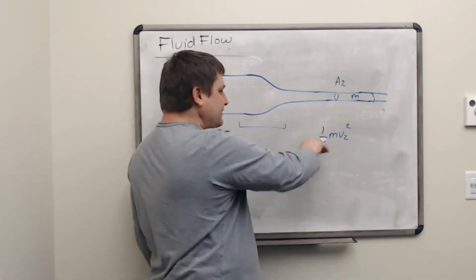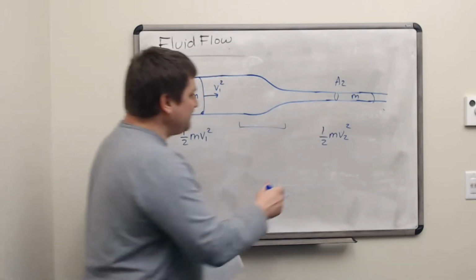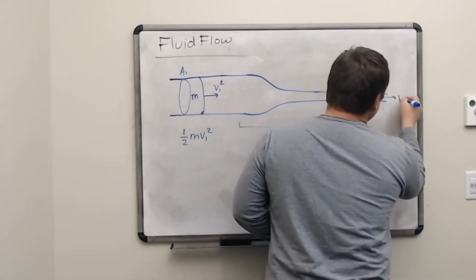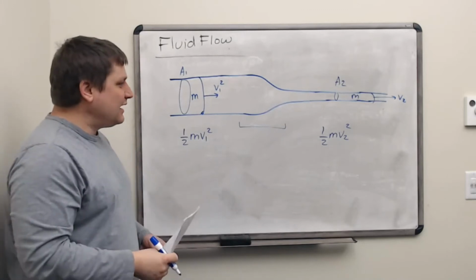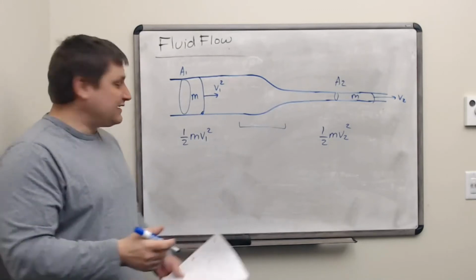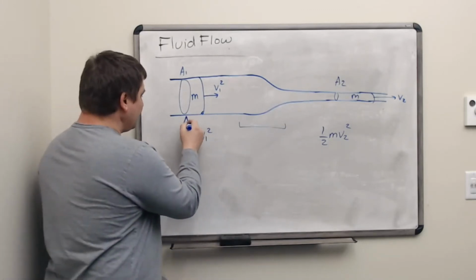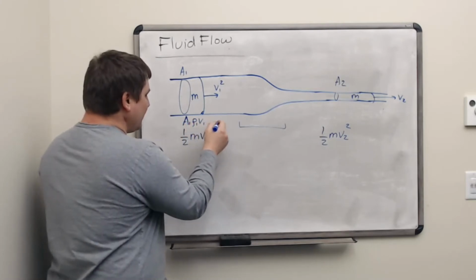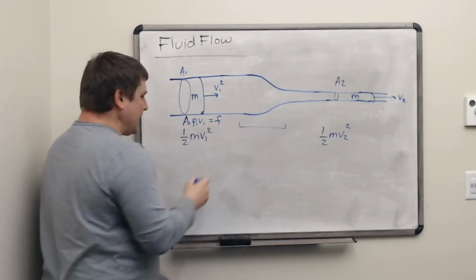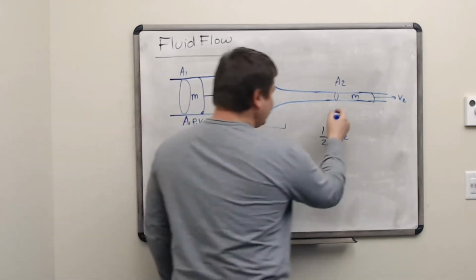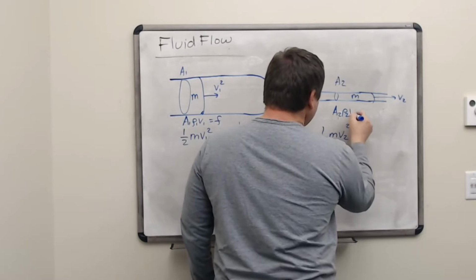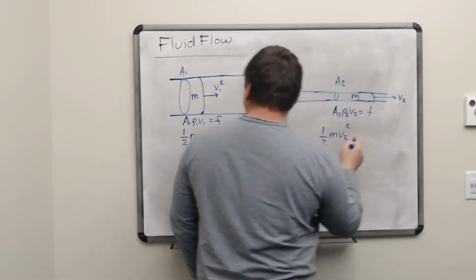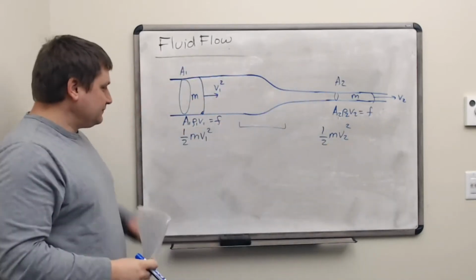Now they're over on the right, and they're going at a different speed, v2. They have to be going at a different speed to maintain the conservation of mass equation, right? We have A1 rho 1 v1 equals that fluid flow rate on the left, and A2 rho 2 v2 equals that fluid flow rate on the right side.